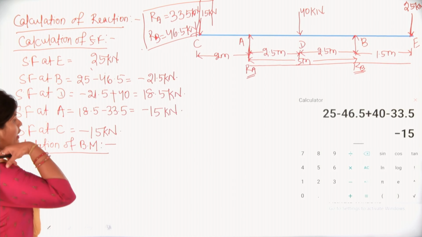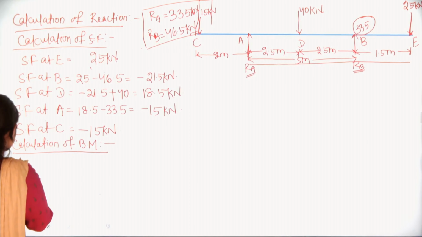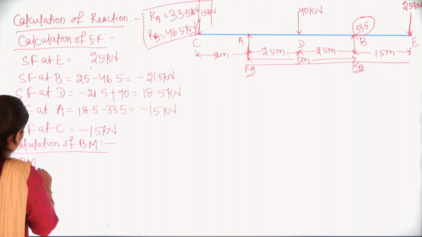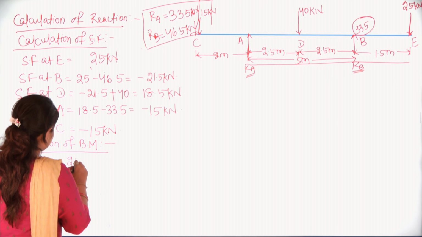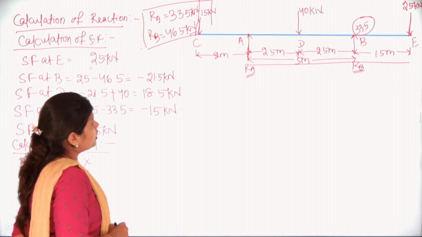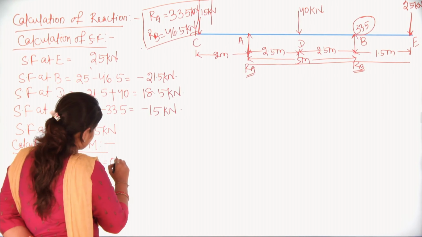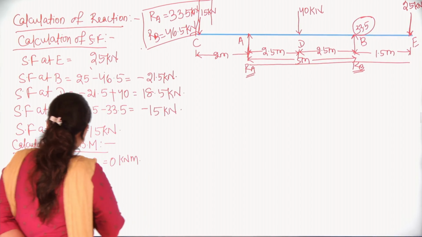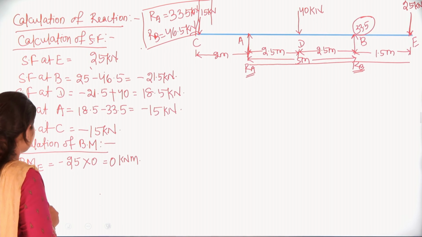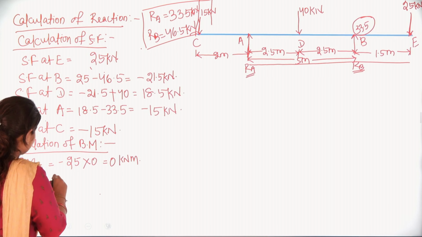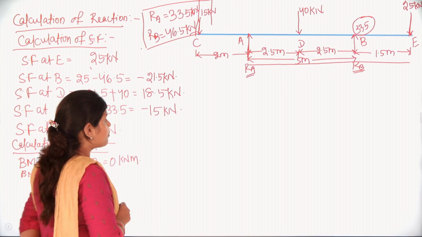So at point E, we will take bending moment at point E. So it will be minus of 25 multiplied with what? 0. So this will be your 0 kilonewton into meter. Next is your bending moment at point B. Similarly, minus 25 multiply with the distance 1.5.